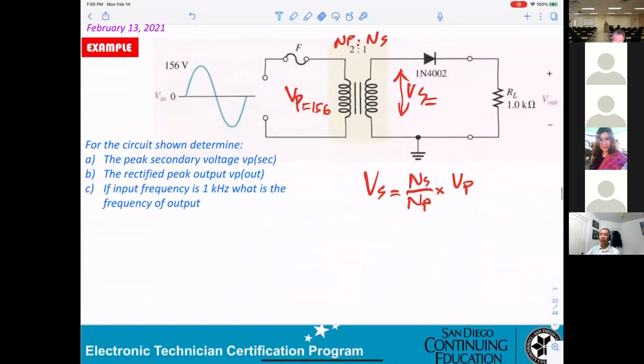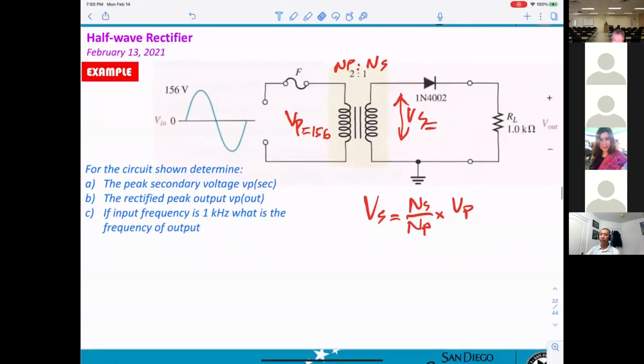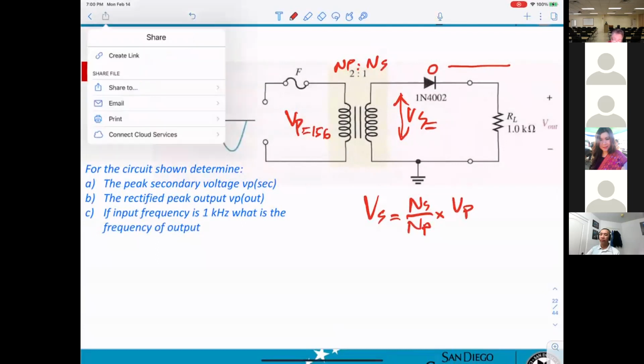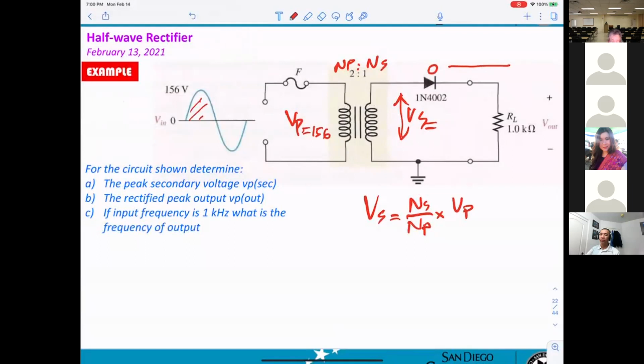Now, you can see the signal at the output here, how they look like. This is 0 right here. So this is the circuitry, half-wave rectified. Only they're using a transformer to get the AC. So when input is positive here, then the output will be positive. Okay.